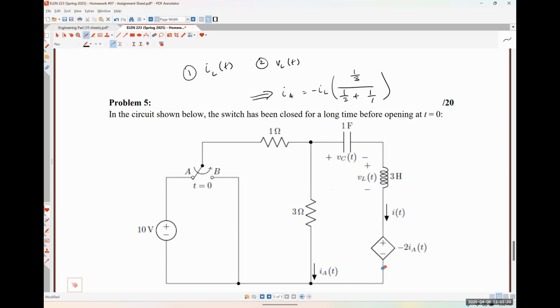I'm trying to think about how we could potentially do a KVL around this path.